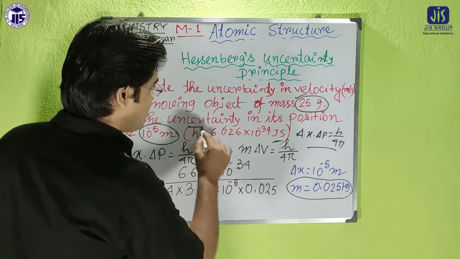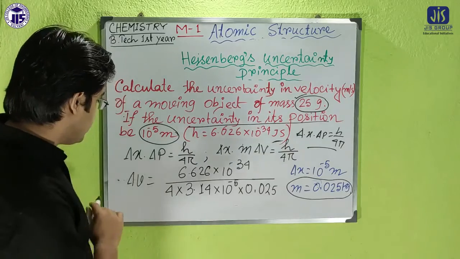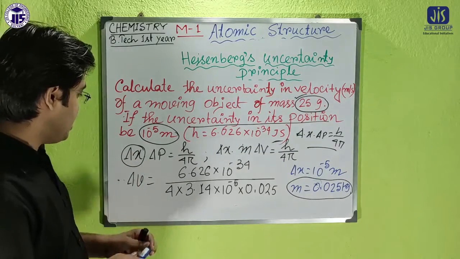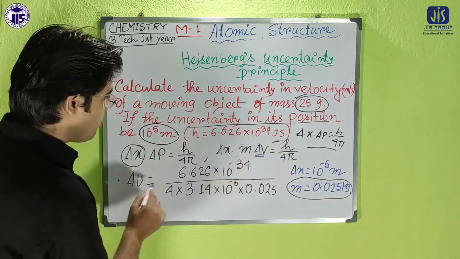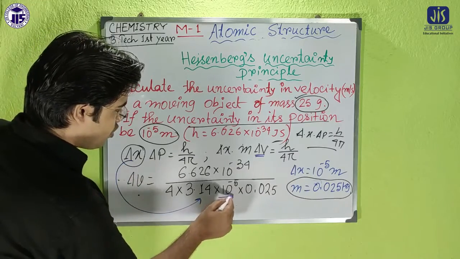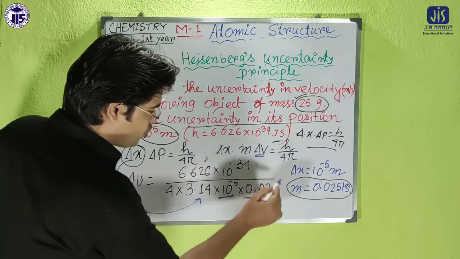What is it? It is the uncertainty in its position, which is actually delta x. So when we are taking delta v here, delta x will be 10 to the power minus 5, and m will be 0.025.